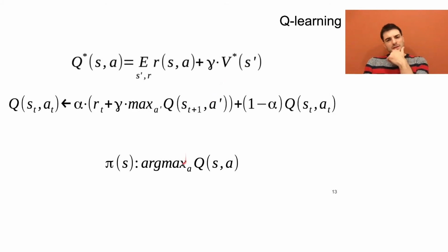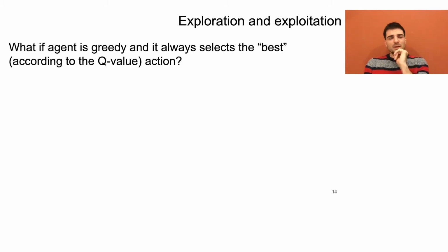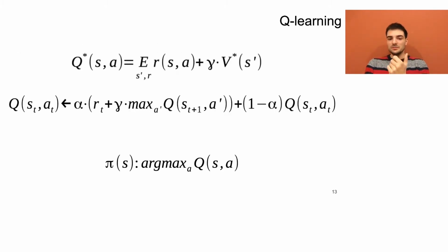Now let's take a look at the policy and think, what actually is the problem? The problem is, if the agent is greedy and always selects the best actions according to the Q-value, like we see here, our policy is argmax, so it is greedy. We select the best action, which delivers the highest Q-value.